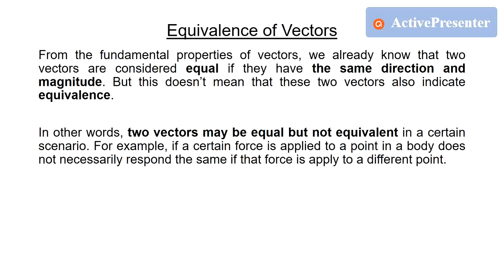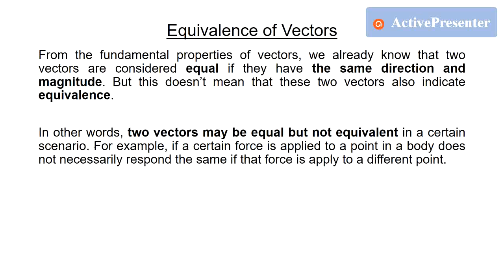So these two vectors that are equal to each other may not be equivalent to each other. In other words, two vectors may be equal but not equivalent in a certain scenario. A vector is considered not equivalent if the response of a body applied to it is not the same.